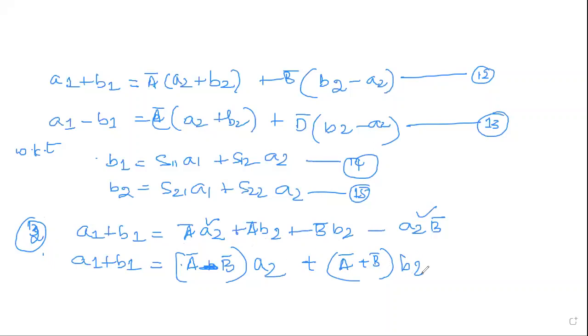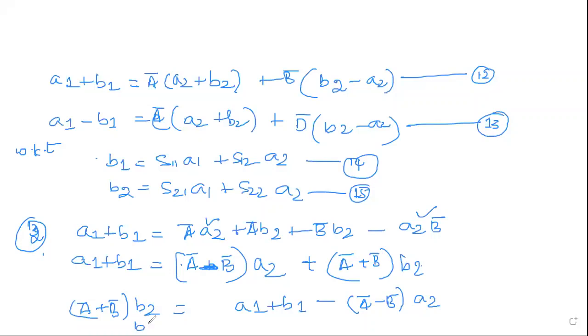Now after this, write the equation. I've told you, to get B1 we have to write these two equations in terms of B2 and equate. So I need B2, so I'll just keep B2 here and simplify this. So it is A1 plus B1 minus A bar minus B bar, A2.